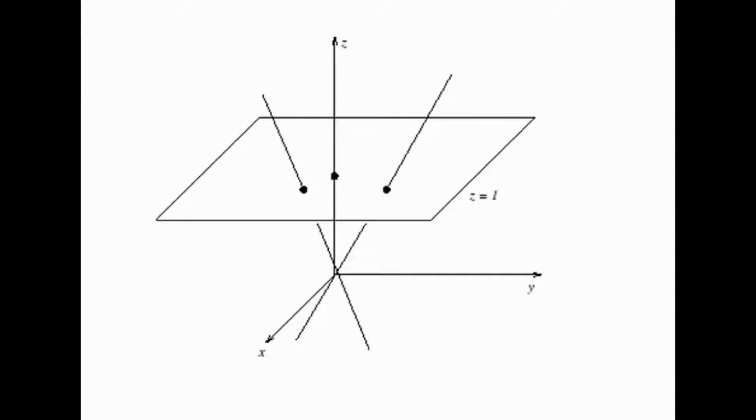It's a set of lines that go through the origin in 3D space, and each of those lines can be visualized as a point on a plane which has a height of 1 above the 0, 0, 0 point. So, for example, this point here is actually just a representation of this line. It's just a place where this line skewers through this plane.